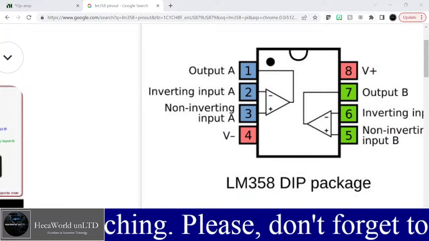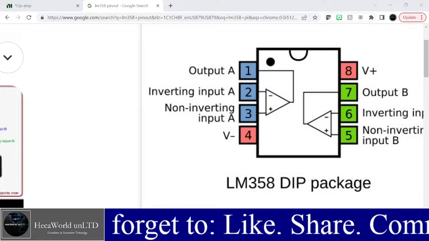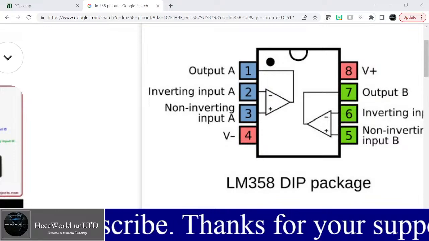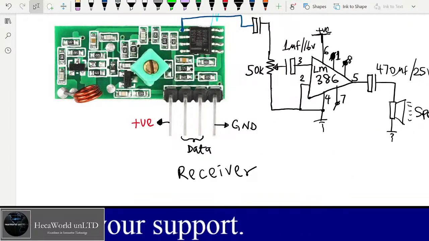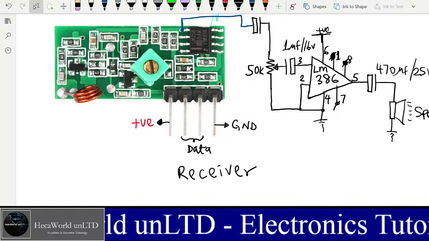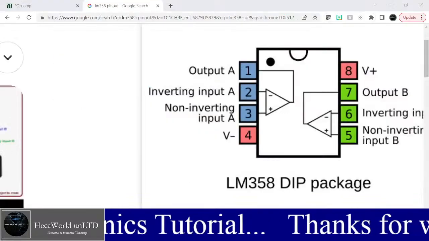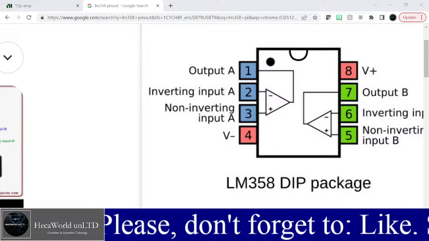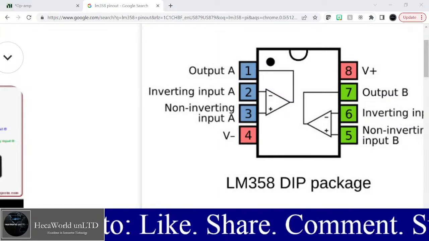In our first, let me just go back to that drawing. Yeah, here in this drawing, we're taking output from pin 5 and then taking it to LM386. Why did we do that? Because pin 5, as you can see here, is a non-inverting input.